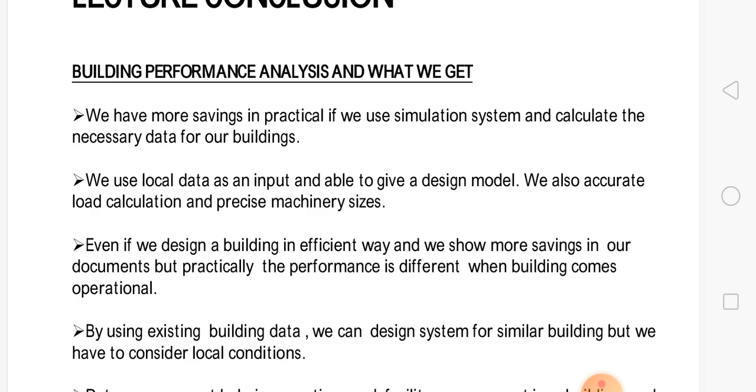Even if we design a building in an efficient way and show more savings in our document, practically the performance is different when the building becomes operational. When the building is in operation, the gap is very high. What we predicted before, that this building will consume this much energy, will need this much load in HVAC, in lighting and in heating, practically that doesn't happen because the actual data and actual calculations are missing.